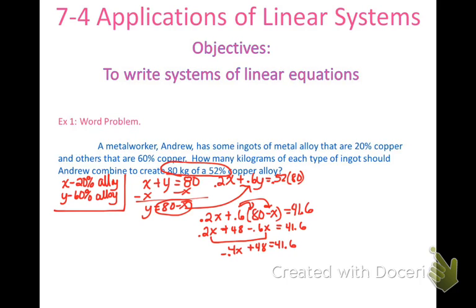So it's going to be negative 0.4x equals negative 6.4. Divide by negative 0.4. So x equals 16. So I need 16 kilograms of the 20% alloy.